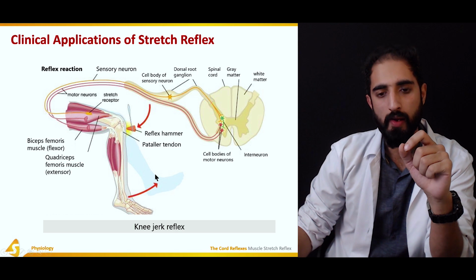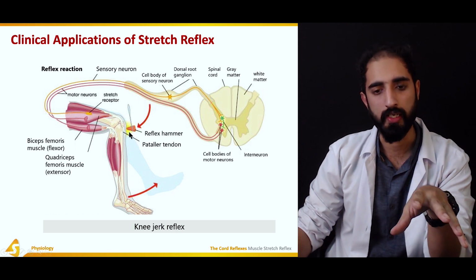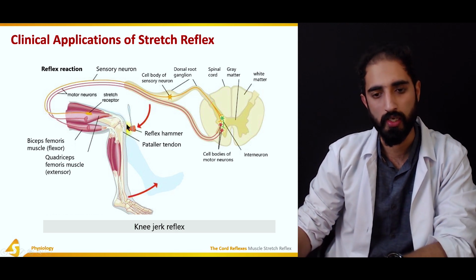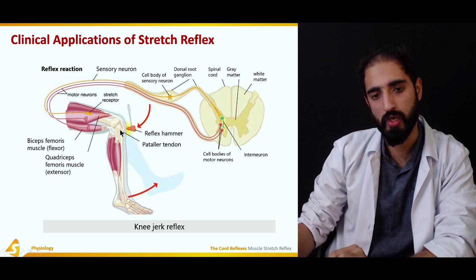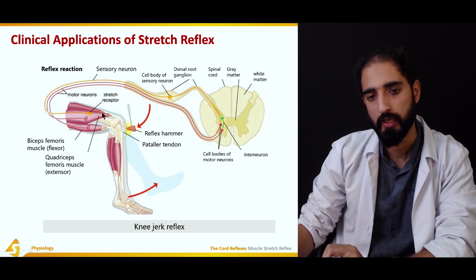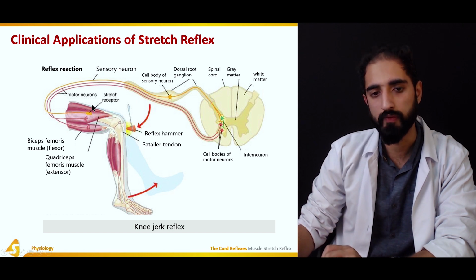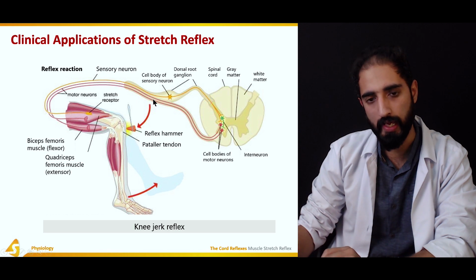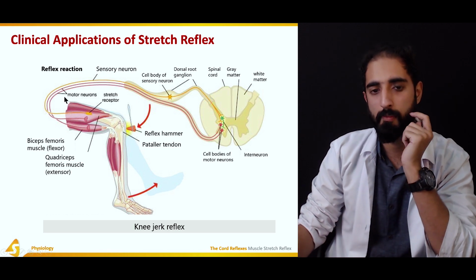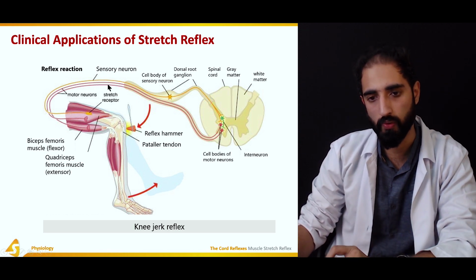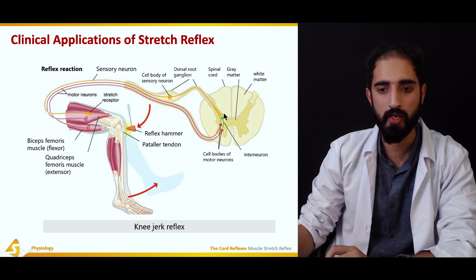Whenever the clinician strikes the patellar tendon, that increases the tensile stress or length of this musculotendinous unit. That causes the activation of the muscle spindle organ, and messages are transferred via the sensory neuron to the spinal cord.